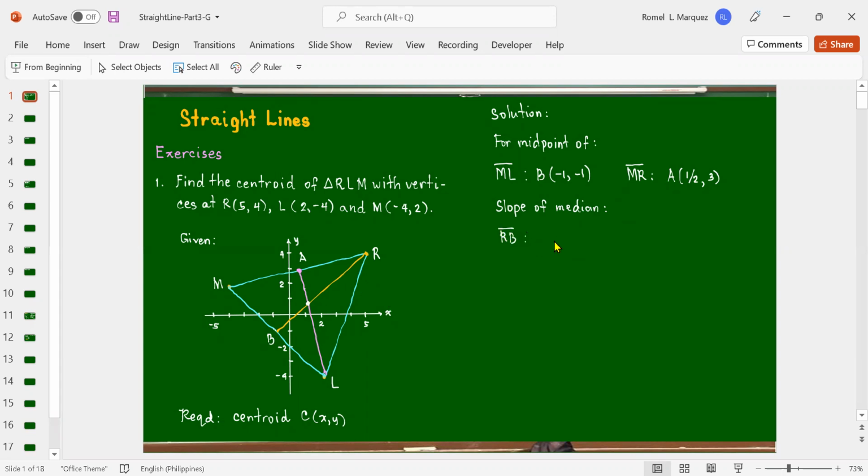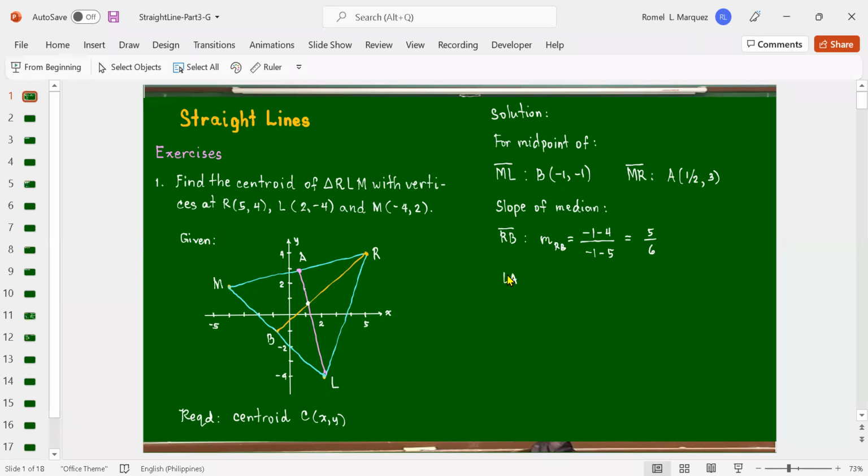For median RB, the involved points are R together with B. So the slope is given by (-1 minus 4) over (-1 minus 5). Am I right? So that is 5 over 6.